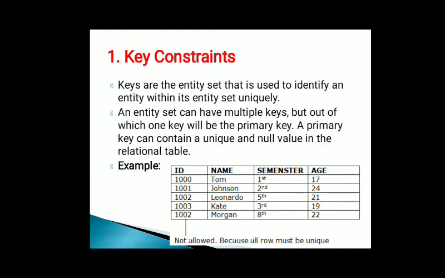Example shows a table containing ID, name, semester and age. Here ID is the primary key because each student contains a unique ID. If we apply the primary key on ID, then duplication is not allowed. As shown in the figure, 1002 and 1002, it will not be allowed to insert 1002 again in the same table. This will be provided by the primary key.